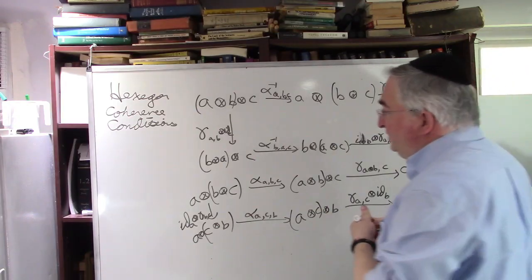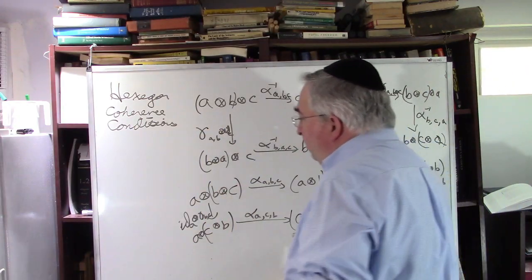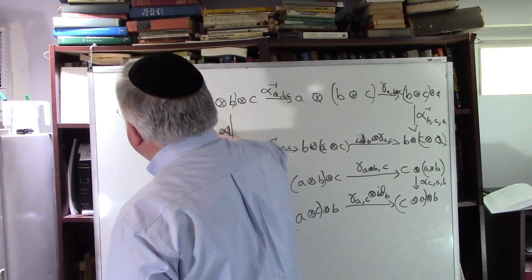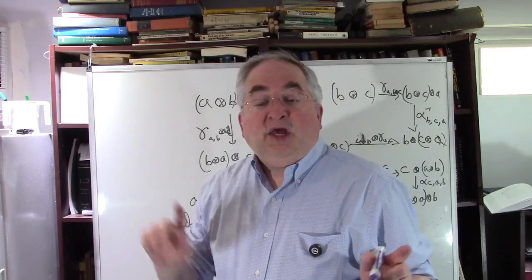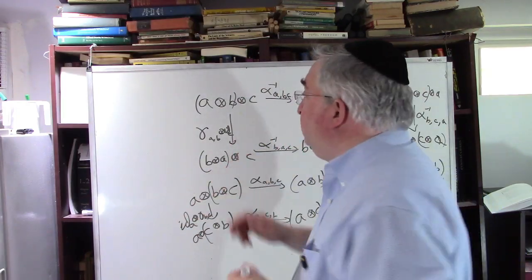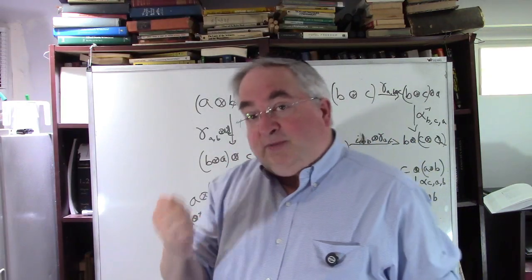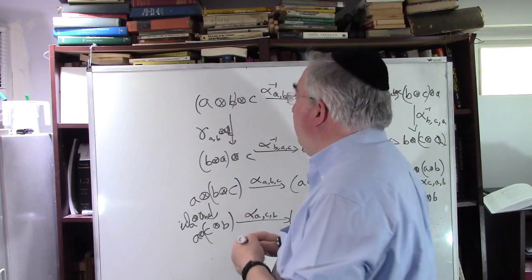So in that case, these 2 conditions become much easier to write because you don't have to worry about parentheses. So let's write these 2 conditions in terms of just gammas, no alphas.